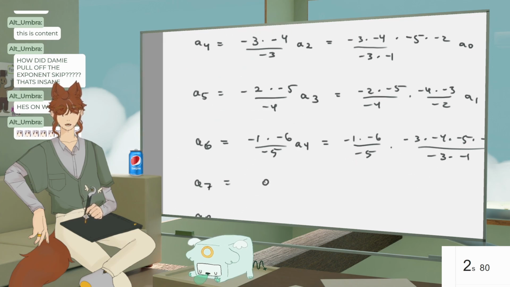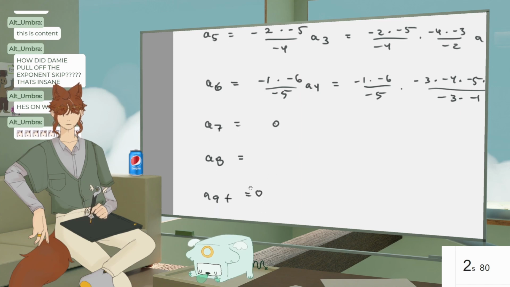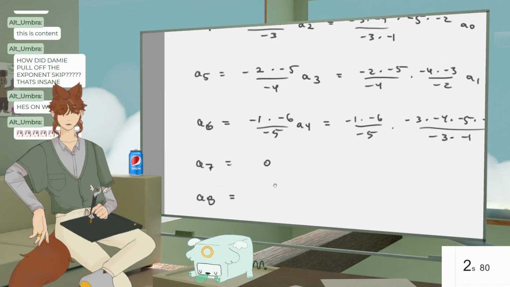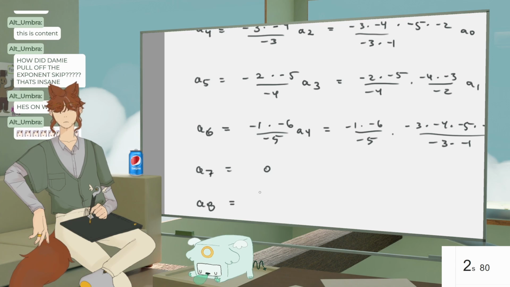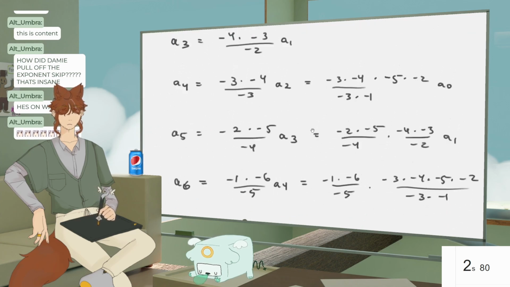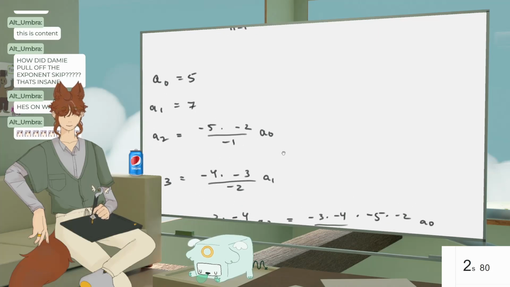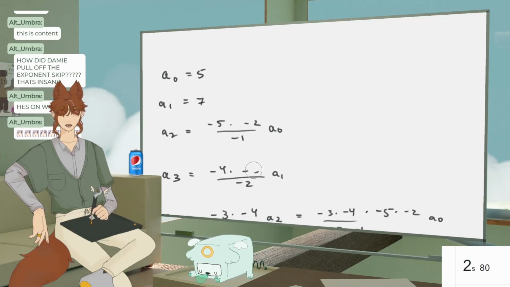So A9 plus equals 0. But A8 is gonna equal, what, 1? 1 times minus 8? Wait, what? And minus 4. Oh no, I've not been doing this right. This is minus 1. Wait, this is 0.